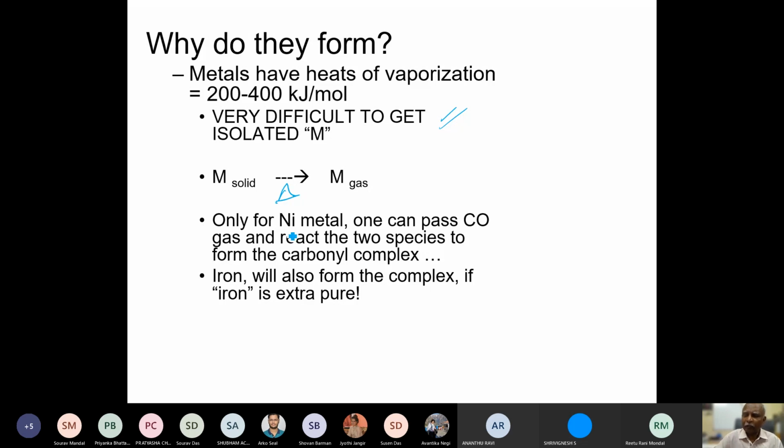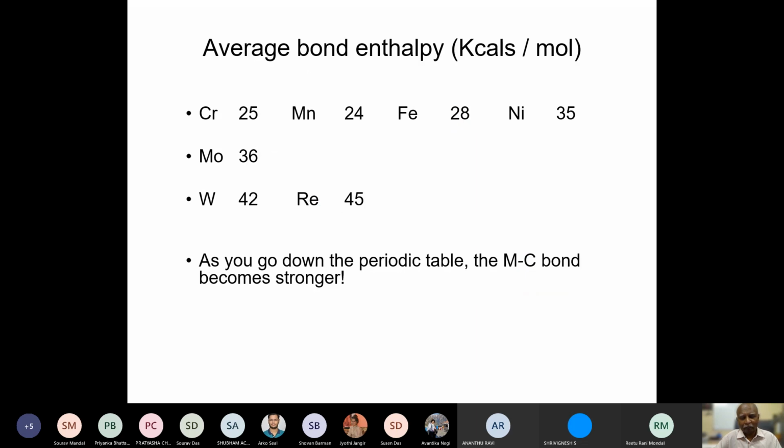And except for nickel and iron, none of them will do it directly with the metal. So these are two exceptions, nickel and iron. But iron has to be extra pure, 99.999 purity, pure metal atom. So these are not ordinary purity.